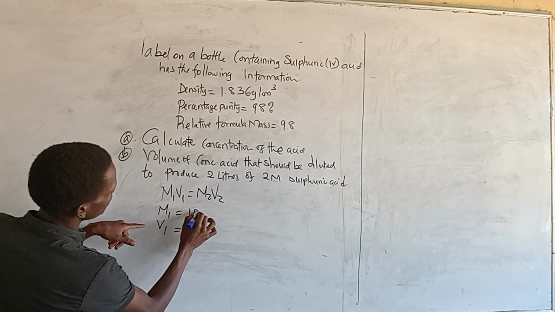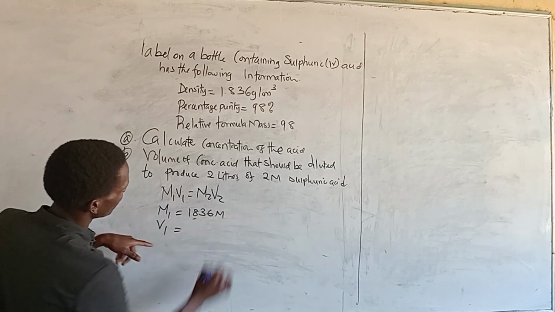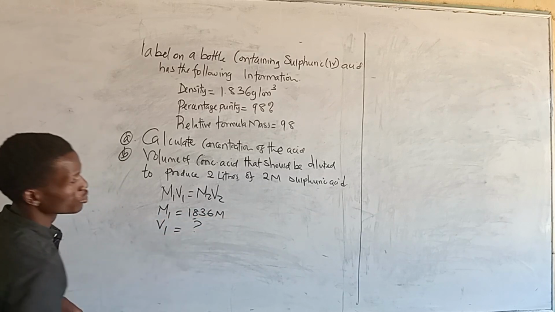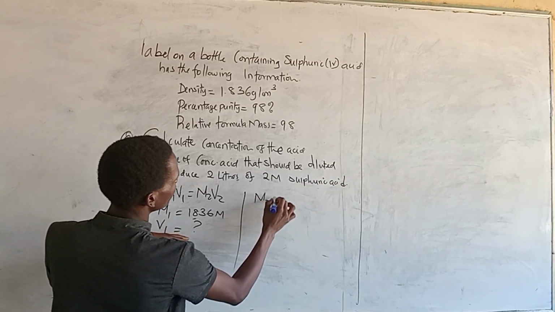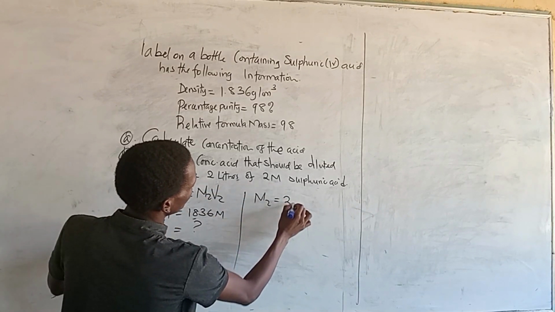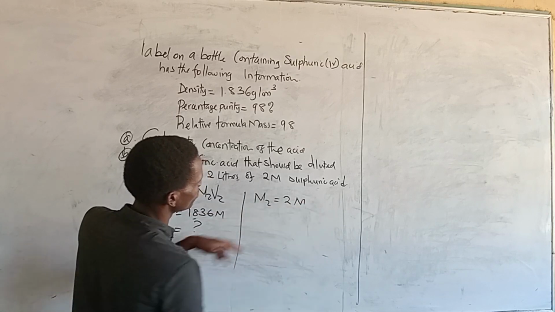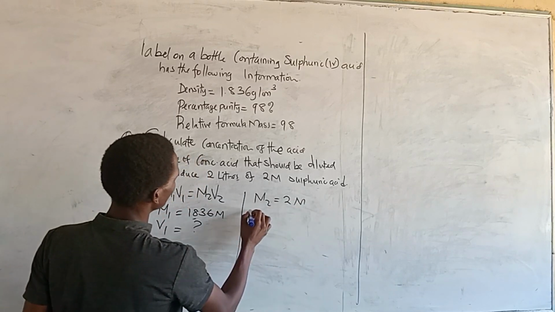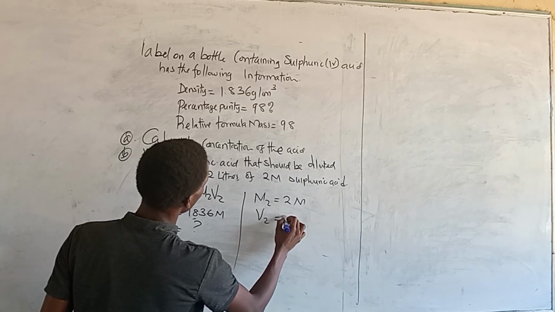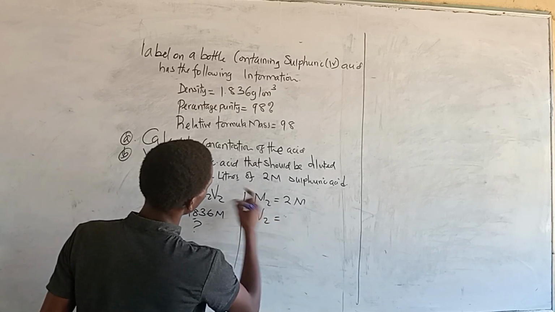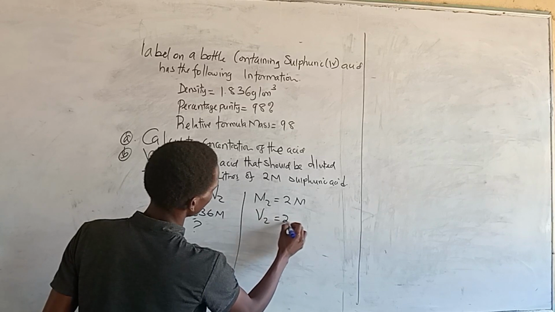M1 was 18.36. V1 is the one we want to know. We dilute to get M2 equal to 2 molar, and the volume V2 to be 2000 centimeter cubed, or 2 liters.